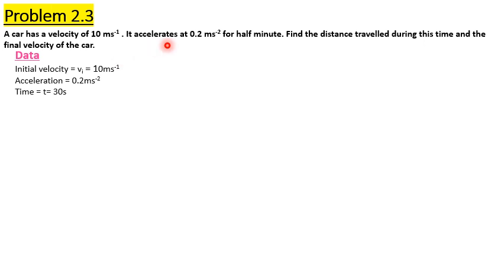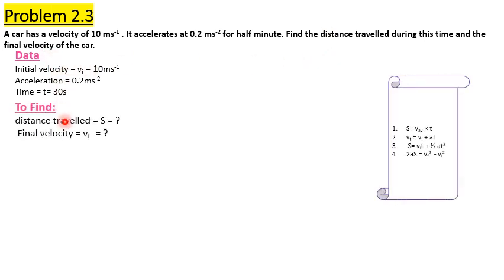It accelerated and its acceleration is 0.2 meters per second square for half a minute. Half a minute means we have 30 seconds. The time is 30 seconds. We have to find out the distance traveled during this time and the final velocity of the car.